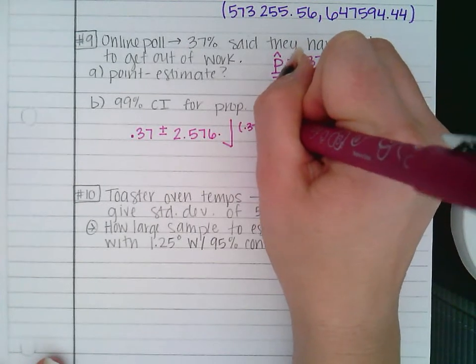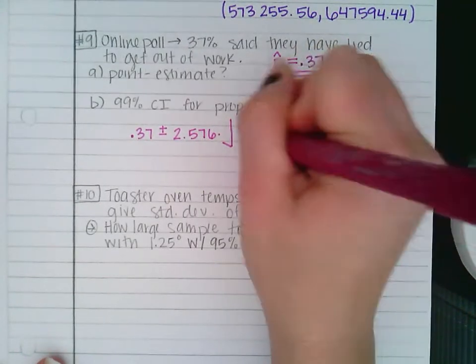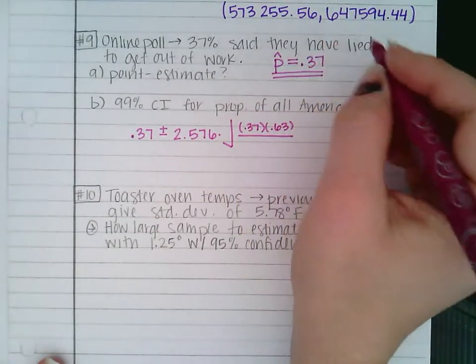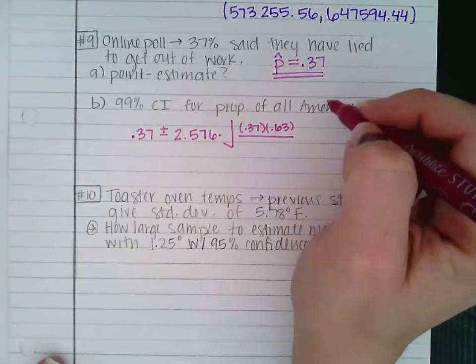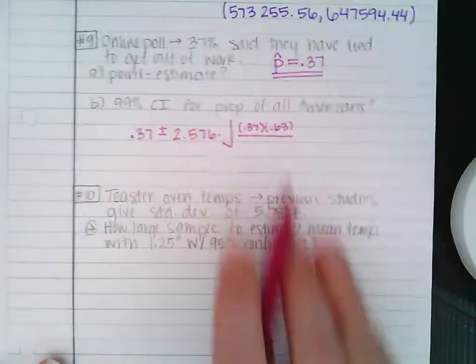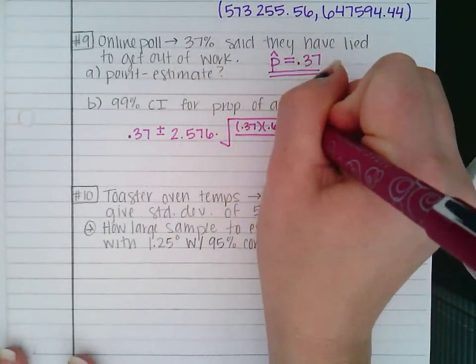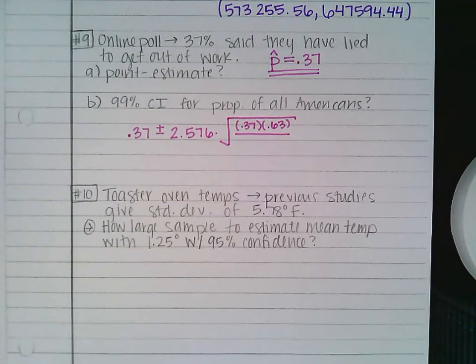What would that be? 63 all over n. Oh, it must have given me n in the problem. I don't know n, but this is the same kind of question, okay, that we have done in the past.